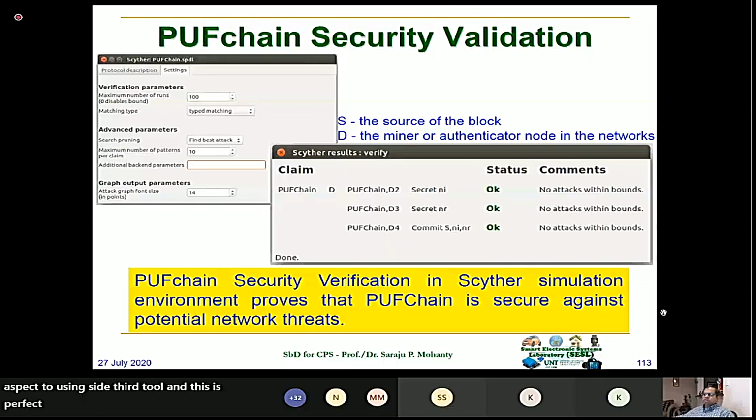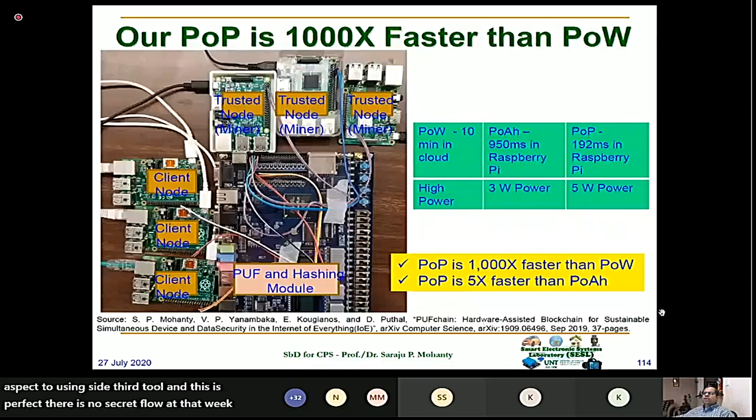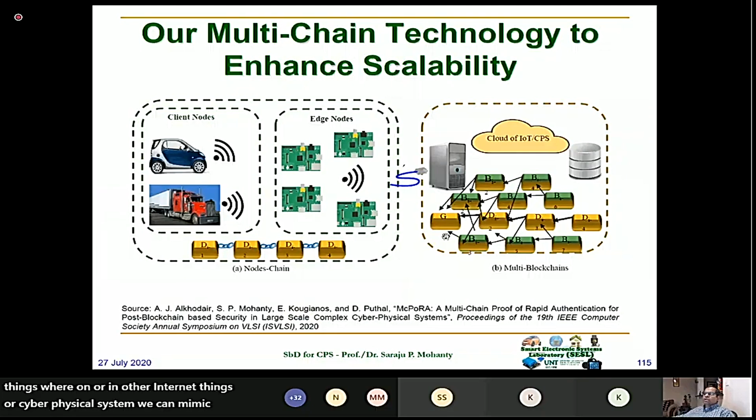There is no security flaw that we could encounter at that time. And we have verified with real-life hardware. We instantiated a lot of PUFs here, then different clients and trusted nodes, and all these things are Raspberry Pi models. So this is a mimic of the Internet of Medical Things or other Internet of Things or cyber physical systems, which we can mimic through this mechanism.